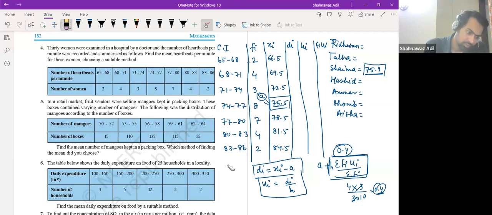So we need to add at last, right? Because this is summation, so we have to add all the FIUI that we got. So sum every FIUI.